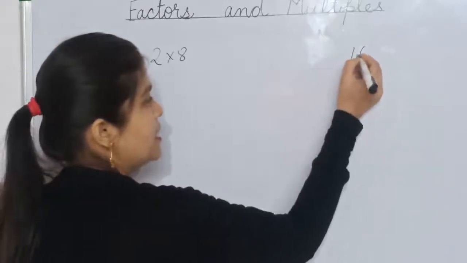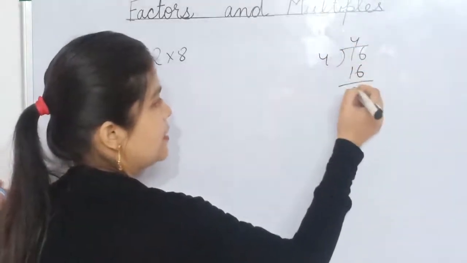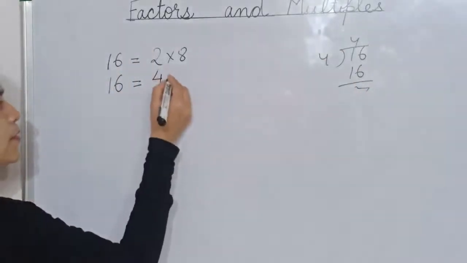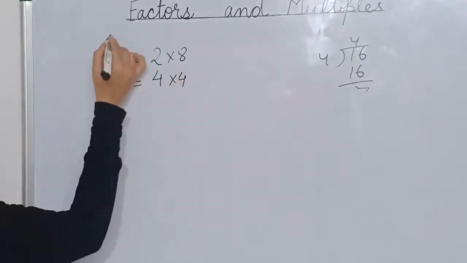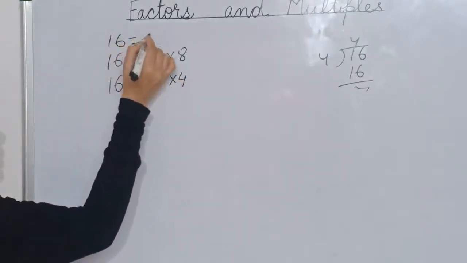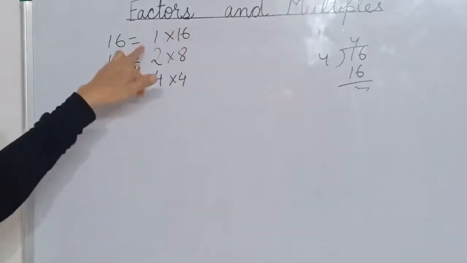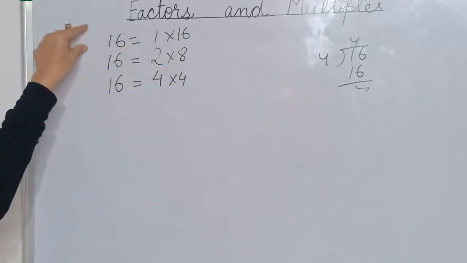For example, 16 we can divide by 4. 4 fours are 16. No remainder. So here we can write 4 into 4. And 1 we already know that 16 is equal to 1 into 16, because 1 and the number itself will definitely be factors of that number. Okay.